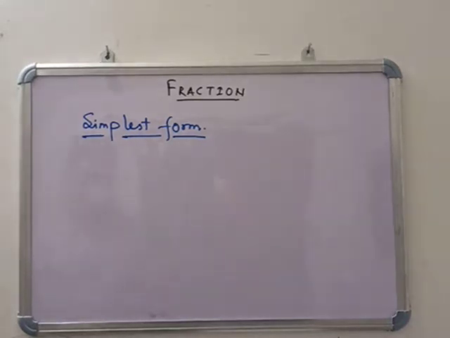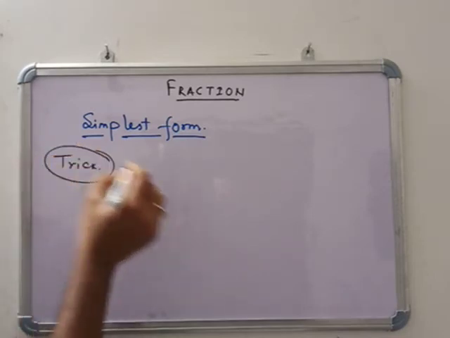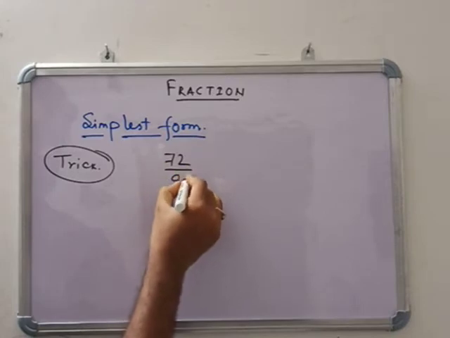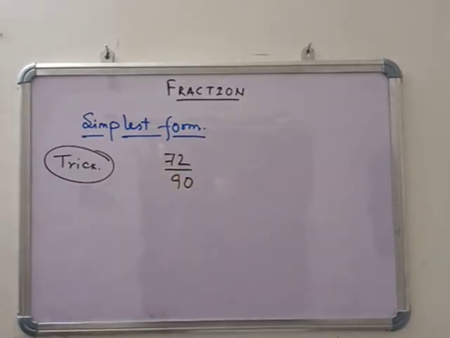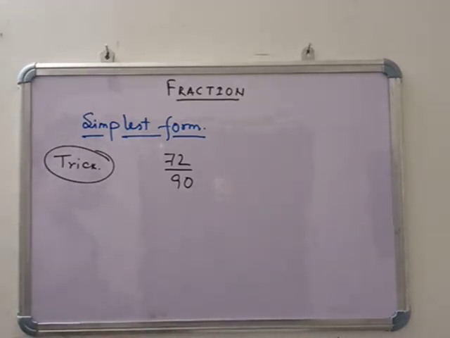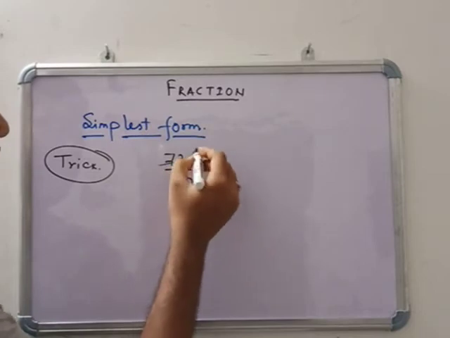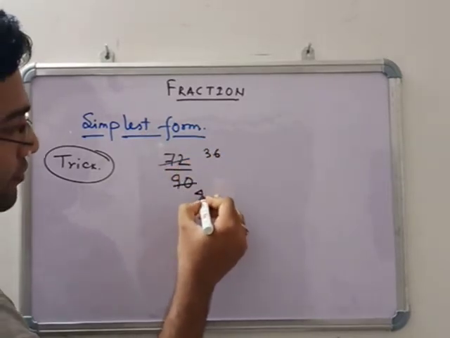In the exam hall we do not follow the rules all the time, so we use some tricks. We know the division rules of 2, 3 and 5. For 72 by 90, the last digits are 2 and 0, so we can divide by 2: this is 36 and this is 45.